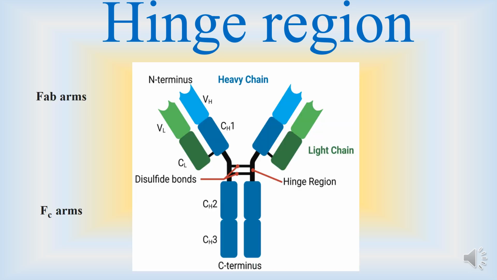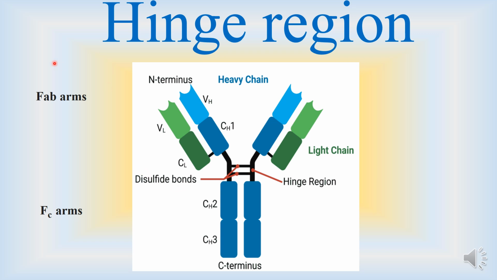There is one more region called the Hinge region found in the immunoglobulin. The length of this Hinge region is variable. We will take a look at the hinge region and understand its function. So this is the immunoglobulin, and you can see that this antigen binding site fragment of the immunoglobulin is connected to the Fc arm with the help of hinge region, which are further connected by disulfide bridges.